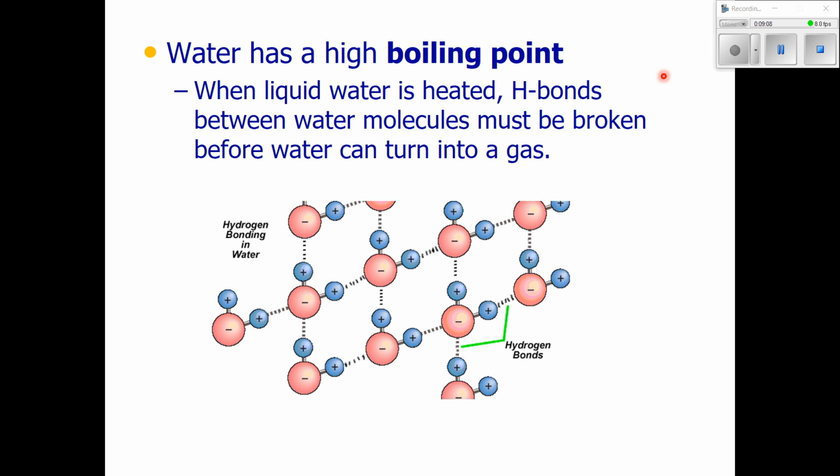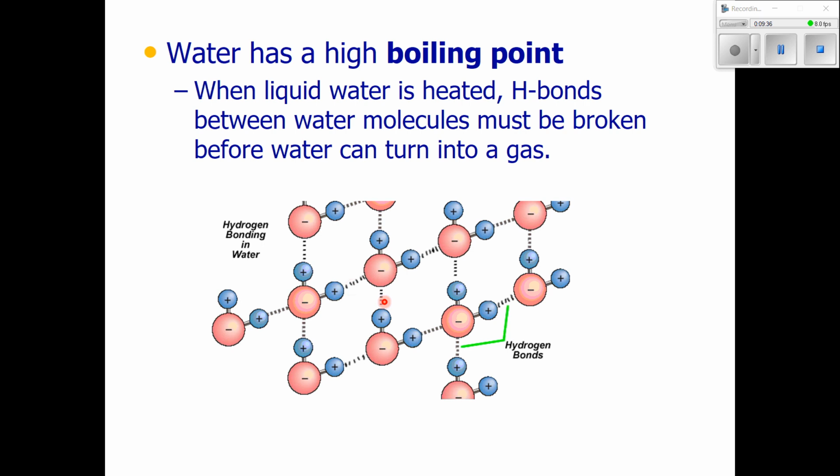And see, when you heat up water, the molecules don't want to leave the pot because they are all connected and held together by these hydrogen bonds. So in order to raise the temperature of water, in order to allow those water molecules to turn into a gas and leave the pot and leap out into the air, first the hydrogen bonds have to break.